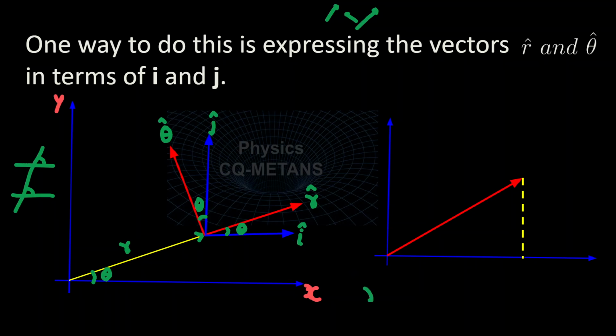So how can I write r cap? If I take the projection, since it is a unit vector, the magnitude is 1, so it will be cos theta i cap, plus, now we take the projection on the y-axis, we get sin theta j cap.